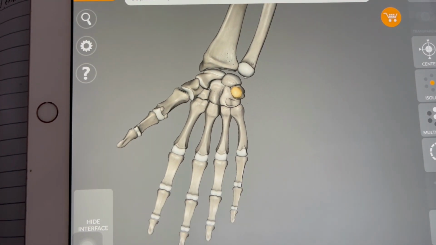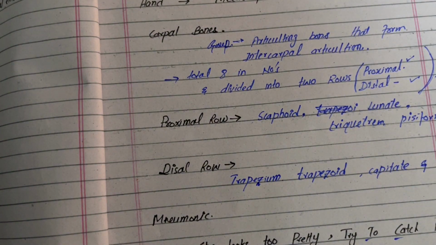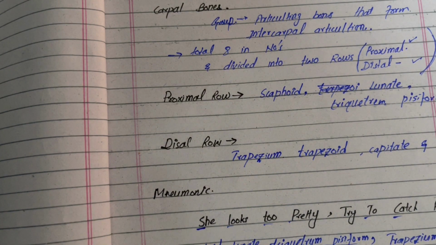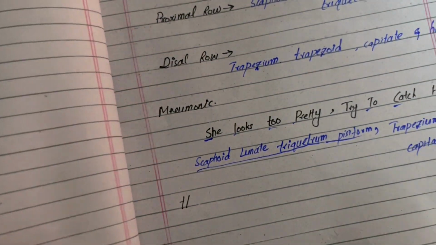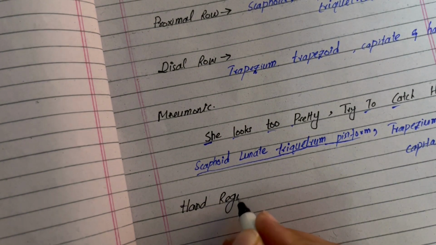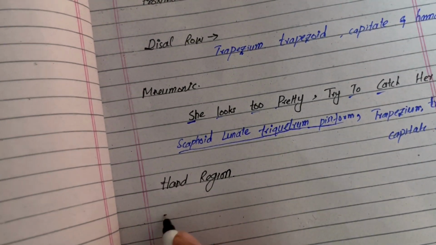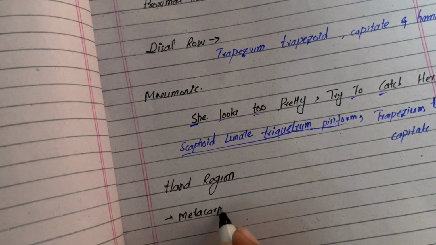Now students, moving toward the bones of the hand region. In the hand region we have metacarpal bones and the phalanges. We have first the metacarpal bones.